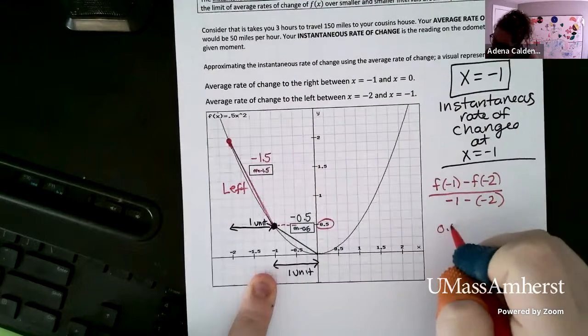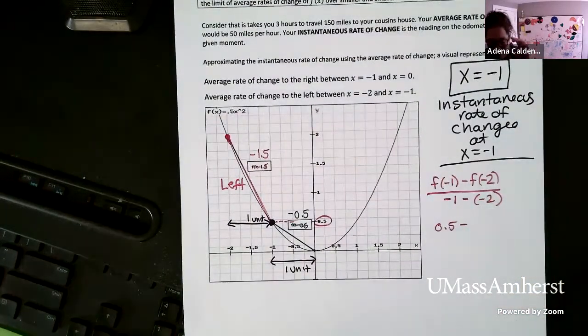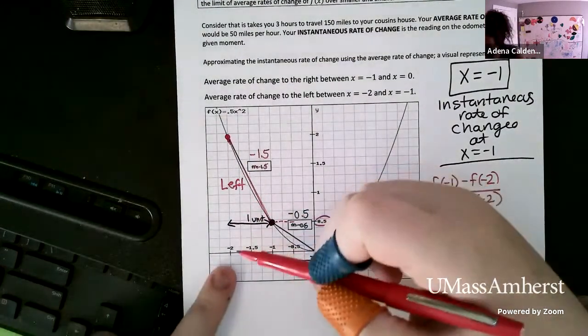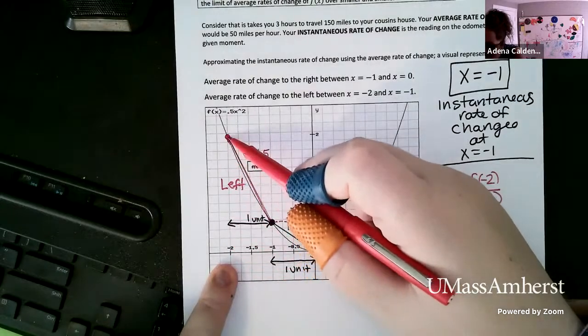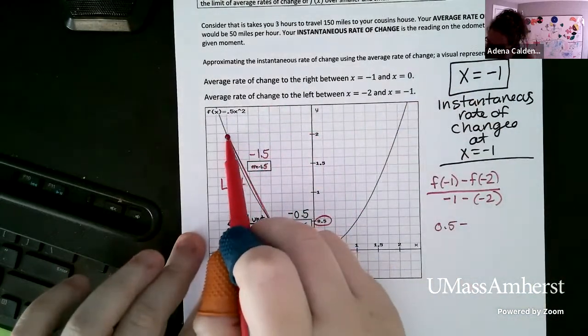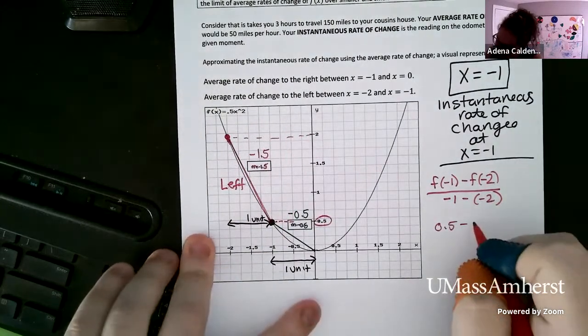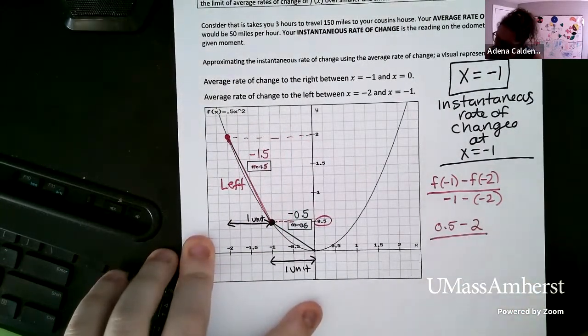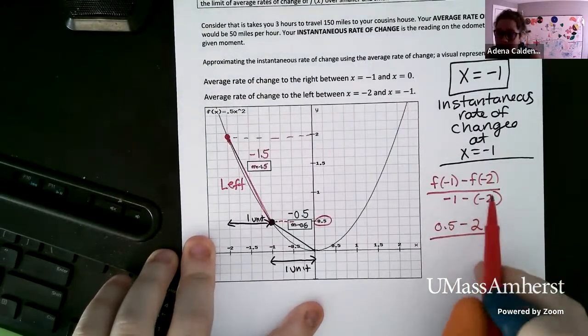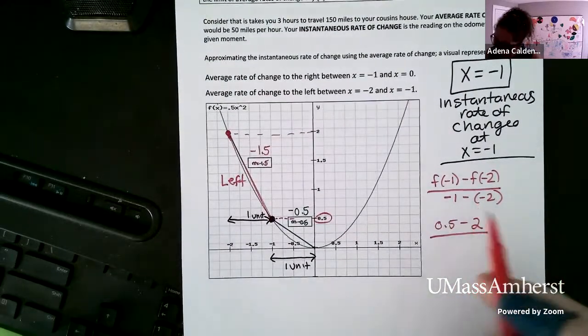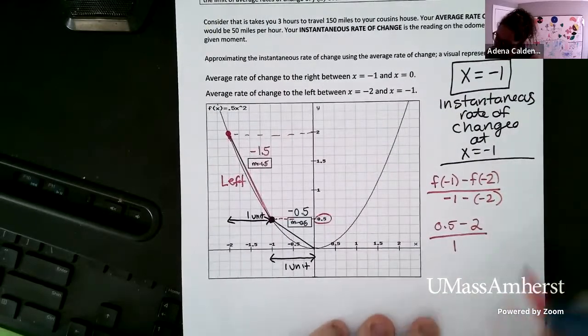So I have 0.5 minus, and now f of -2 means I'm going to come to the -2. I'm going to go up to where it hits the function. I'm going to come over. I see that that value is +2, divided by, now on the bottom, I'm being extra careful because I have minus a negative. So divided by 1.